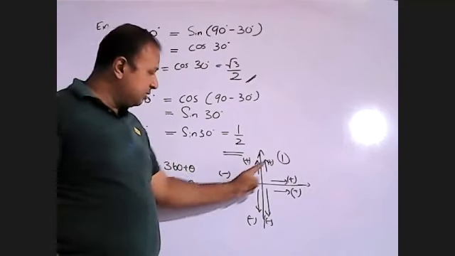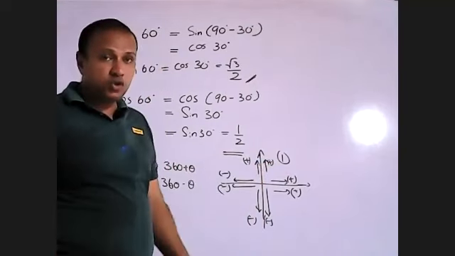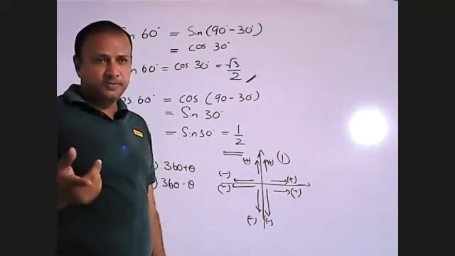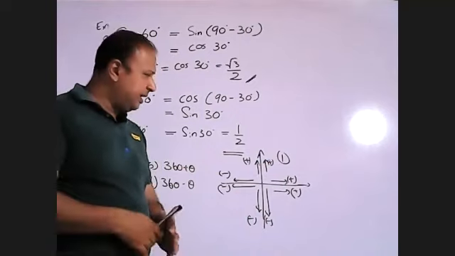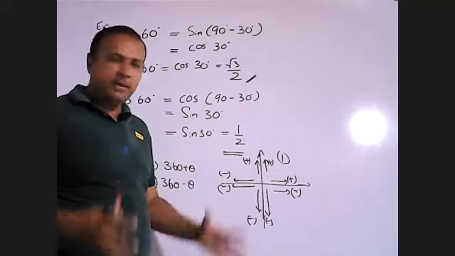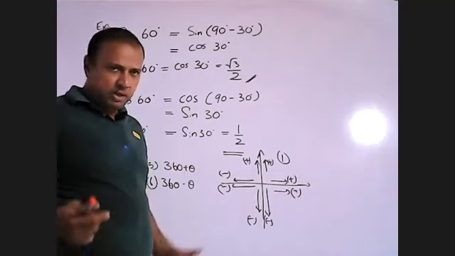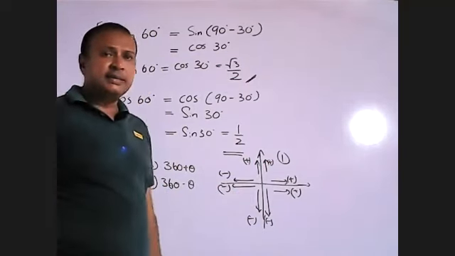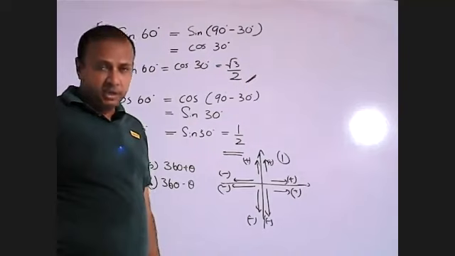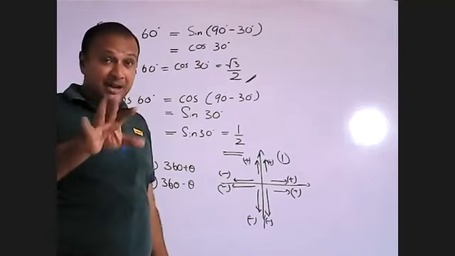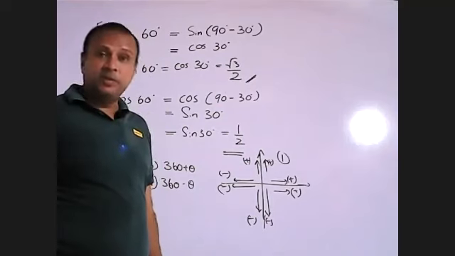Therefore, these plus and minus values are used to determine the sign of the trigonometric ratios. You can say it will be opposite, it is okay, but the thing is, we want to find the sign of the trigonometric ratios.